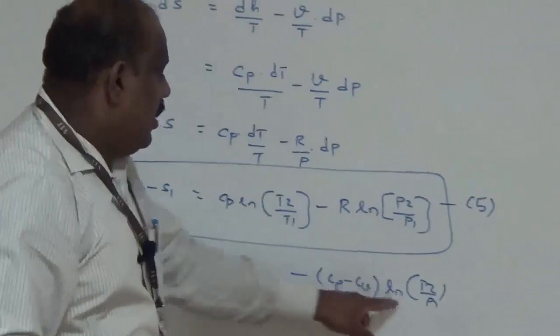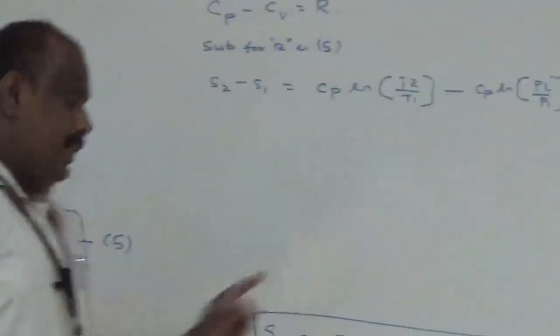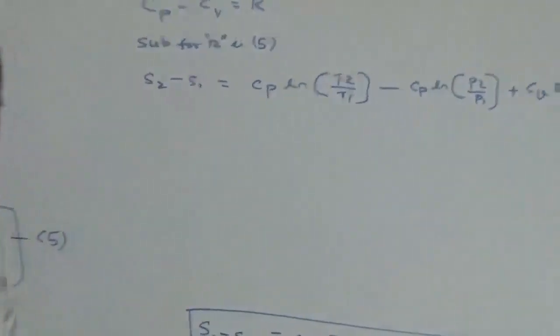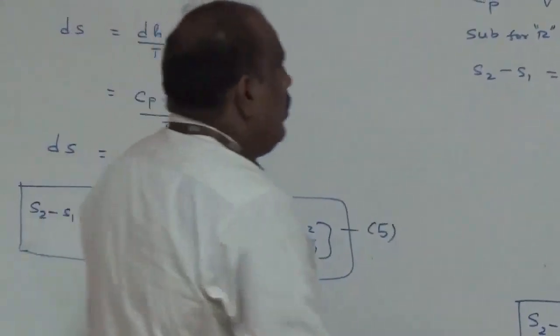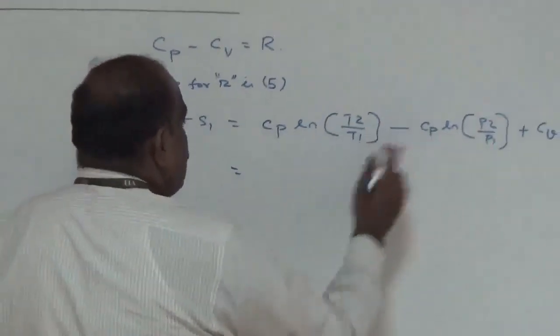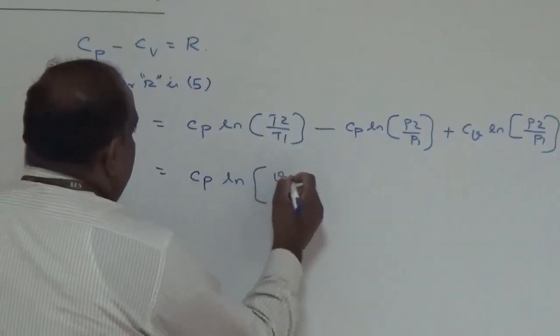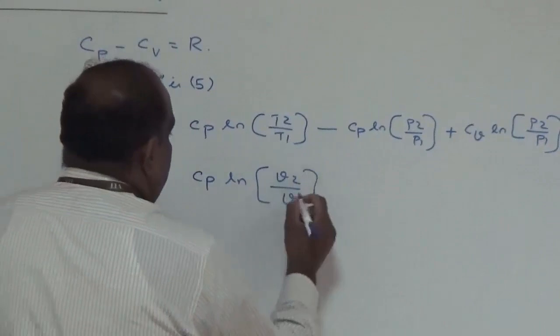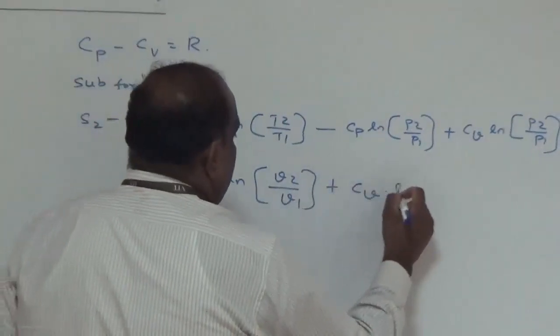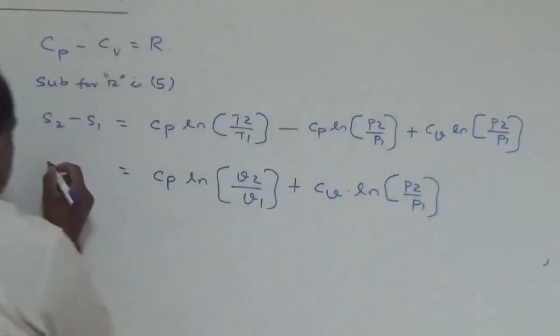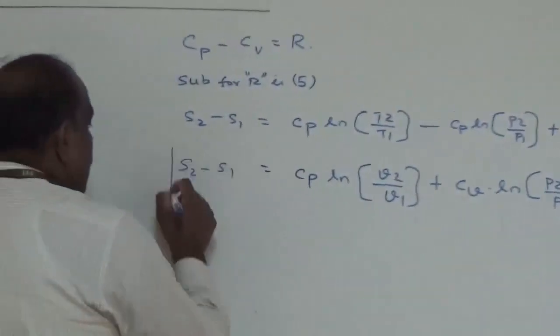So the first term will be Cp into ln of P2 by P1 with a minus, and the second term, minus of minus, plus Cv into ln of P2 by P1. Now we can combine these two terms, and this is nothing but S2 minus S1.